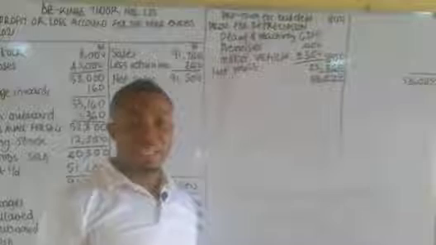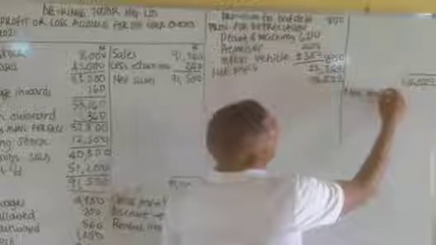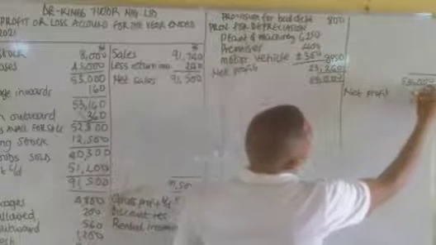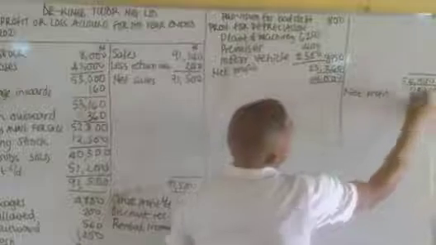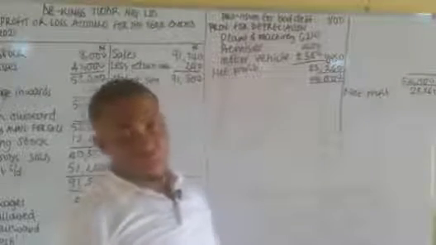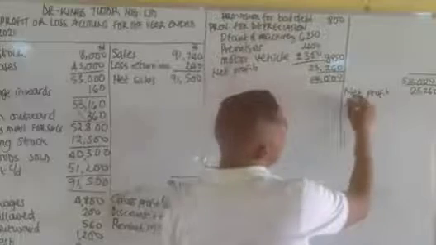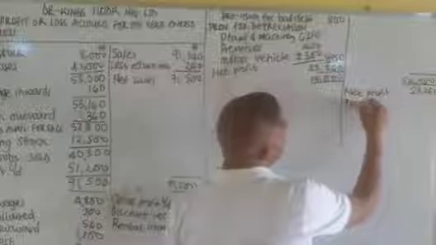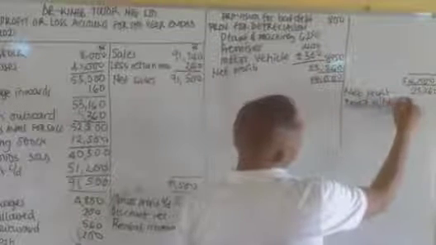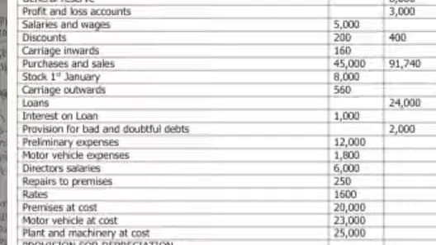So continuation is the appropriation account. After this, we did that in the format. So the appropriation account, we're going to bring our net profit down here. Net profit is 23,260. Now, if you check in the trial balance, you see profit or loss account as profit from previous year, brought down. The amount there is 3,000.